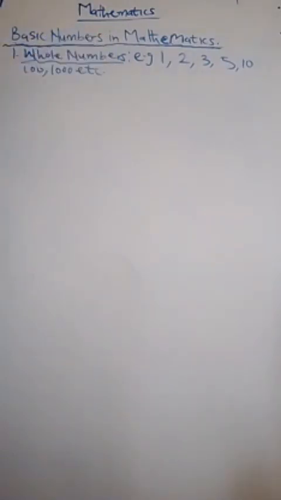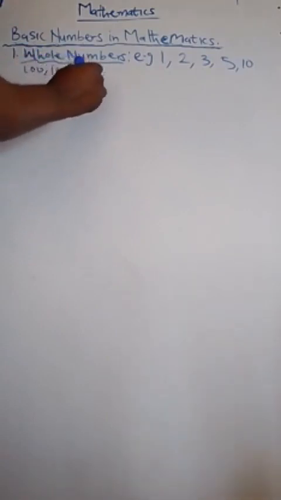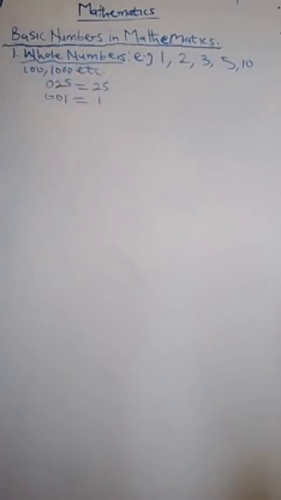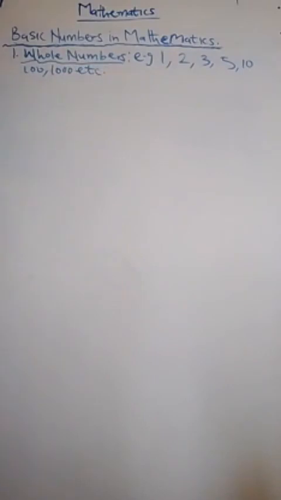Note under whole number, 0 before a whole number is useless. For example, if I write 025, it's the same thing as 25. If I write 001, it's the same thing as 1. Take note of this. It is very, very important.